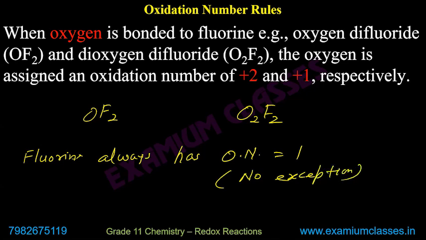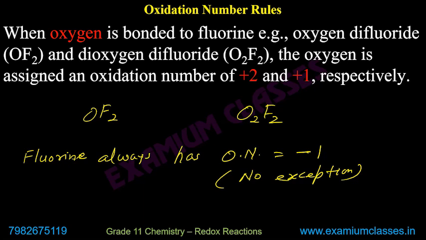No exception. Fluorine always has oxidation state -1. Sorry, it is not +1, it is -1, in all of its compounds. If it is in the standard free state form, that will be 0 again. F2 will have 0 oxidation state. But in compounds, always -1.